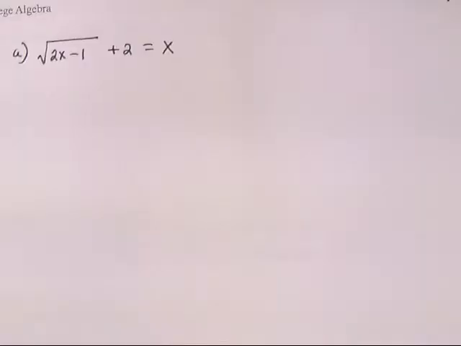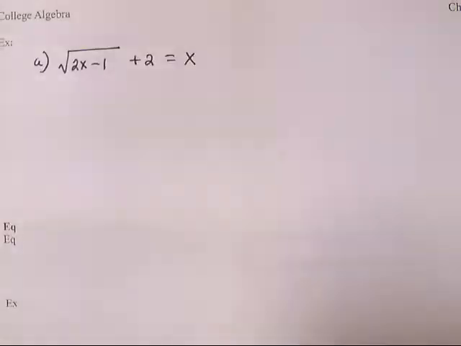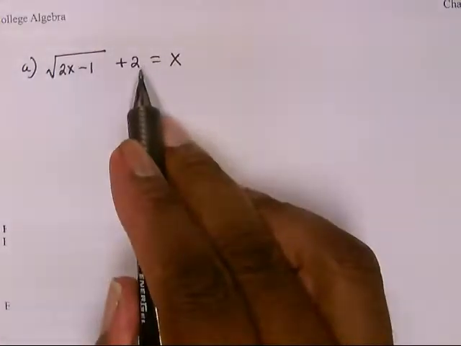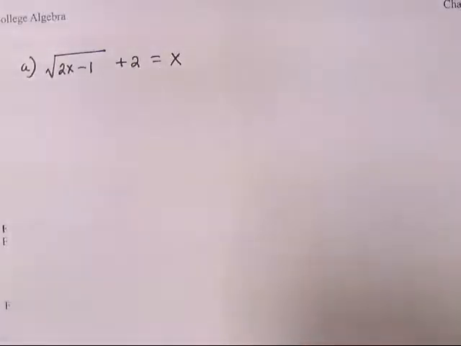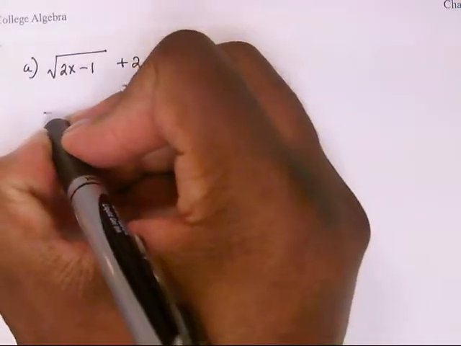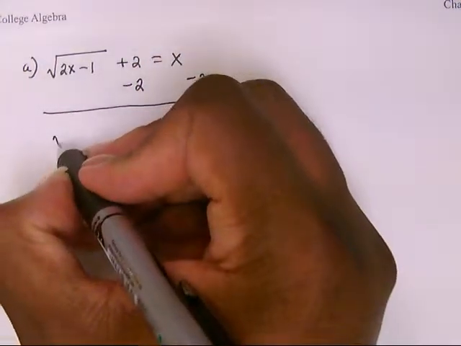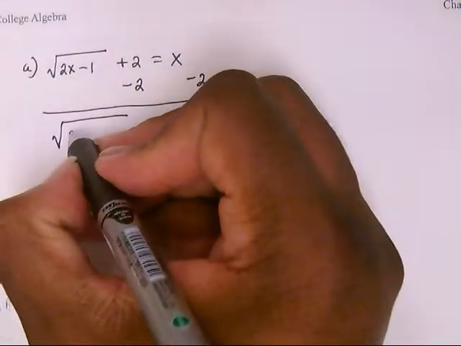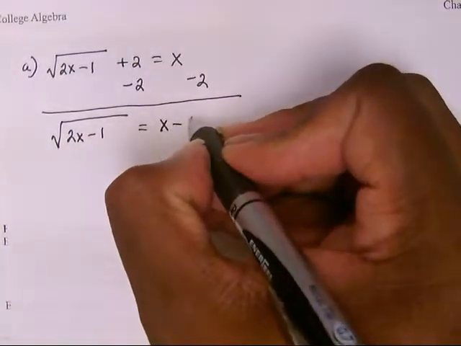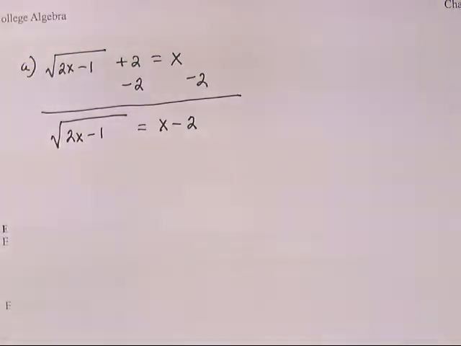Okay, so the first thing we need to do here is get this radical 2x minus 1 by itself. We're adding 2. So the opposite of that would be to subtract 2 on both sides of this equation. So that means we got the square root of 2x minus 1, and that's equal to x minus 2.